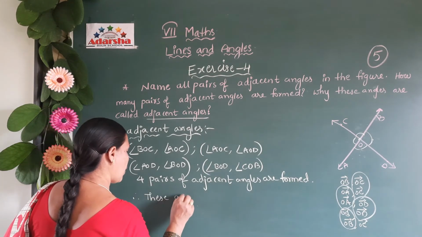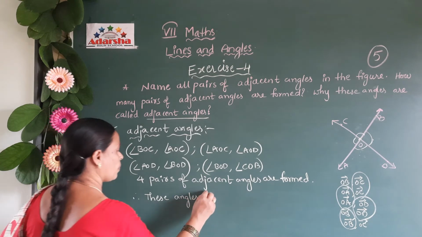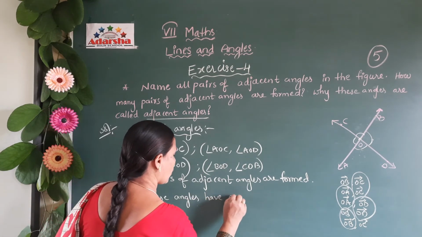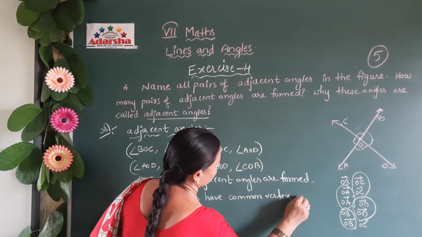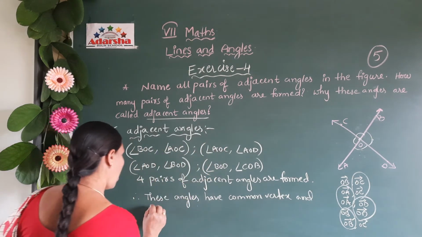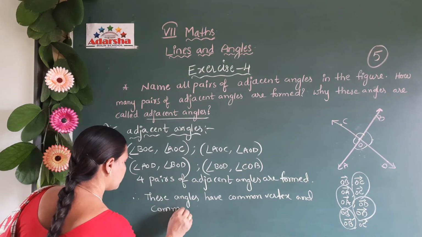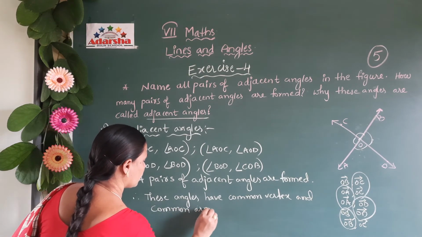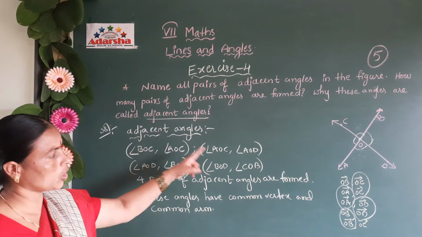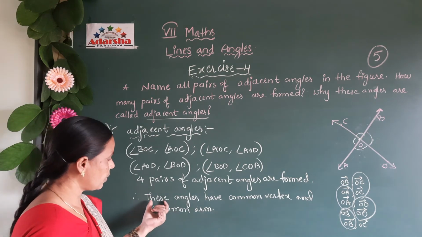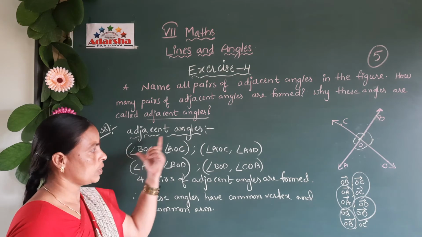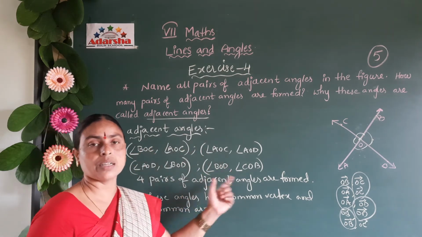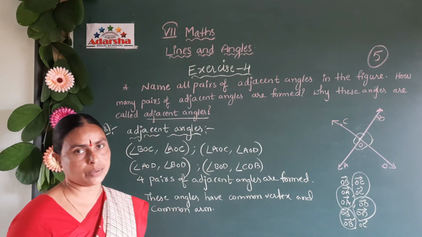These angles have common vertex and common arm. Why are these angles called adjacent angles? Because these angles have common vertex and common arm. So these four pairs of angles are called adjacent angles.